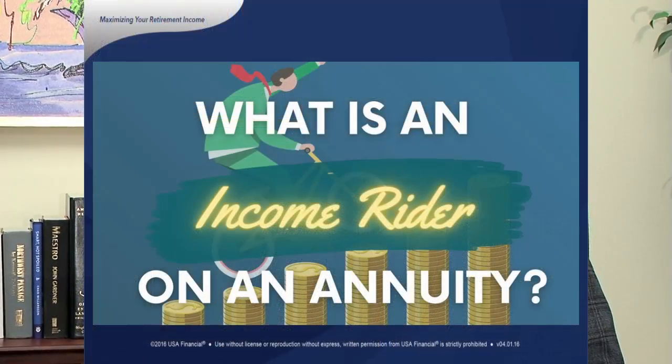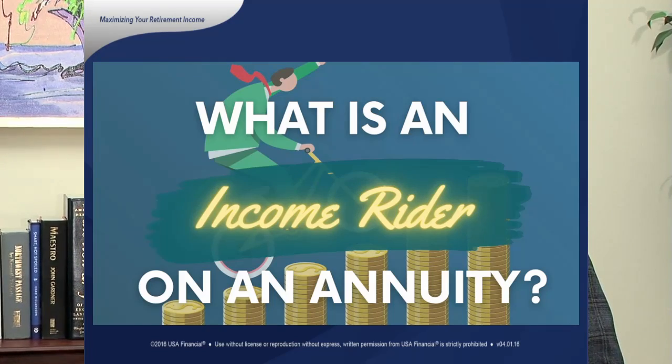The income riders are very popular because you can generate some income, generate guaranteed income, and then keep the principal in play, or keep the principal in the market. Unlike the SPIA that we talked about earlier in the program, where you really lose the principal when you buy the SPIA.